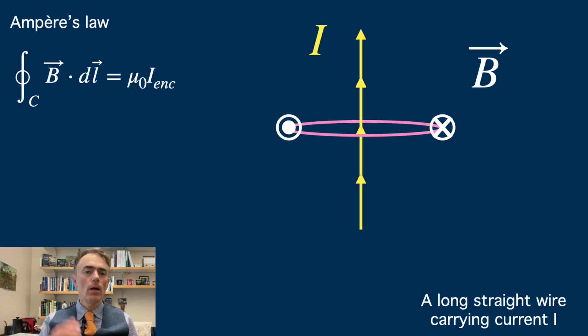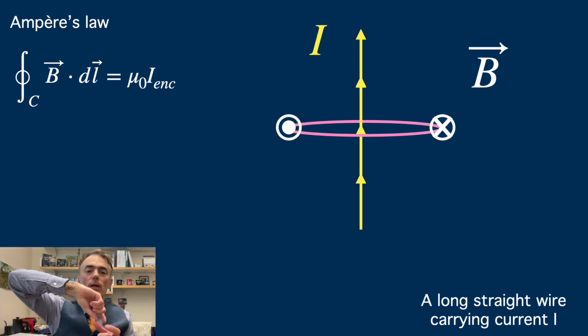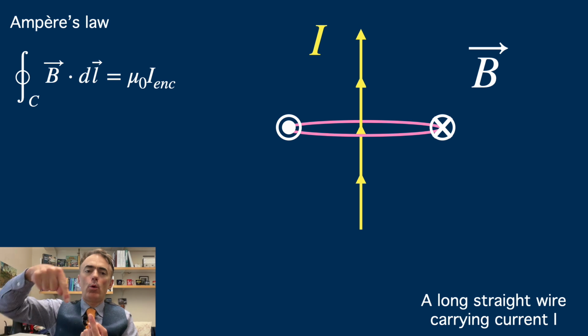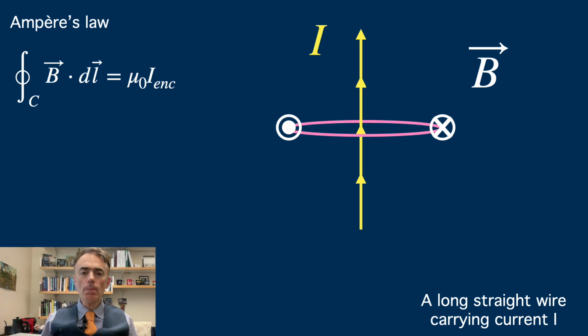For instance, around an infinitely long straight wire carrying current I, we choose a circular path concentric with the wire. At a given distance from the wire, due to the symmetry, the magnitude of the B field has to be the same. There should not be a preferred direction. This symmetry allows us to say that the magnetic field magnitude B is the same at all points along the loop, and take that out of the integral.